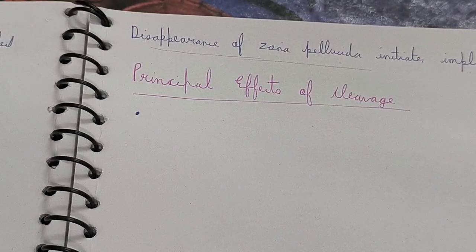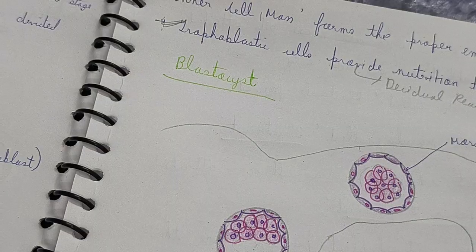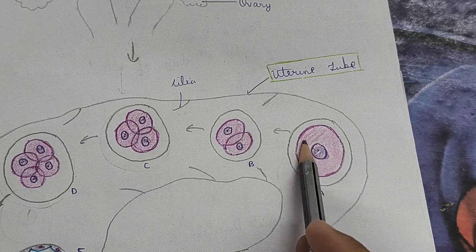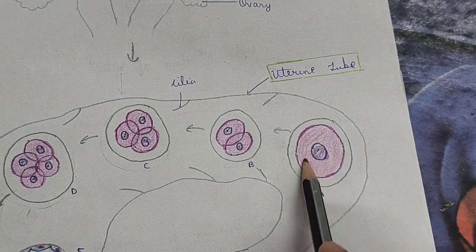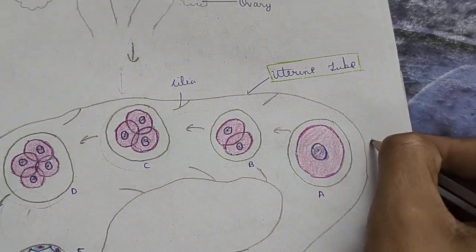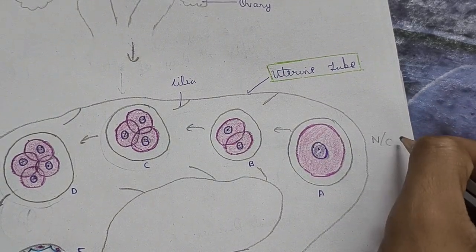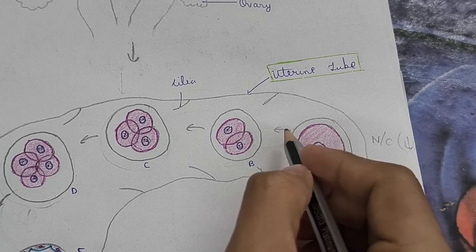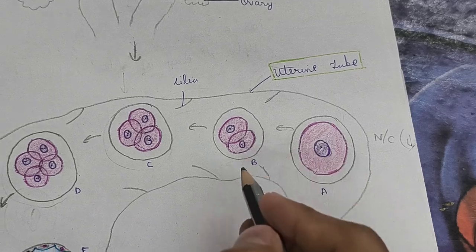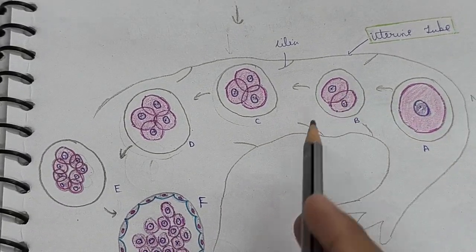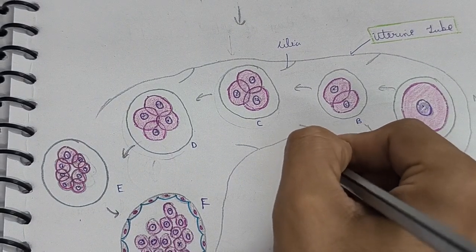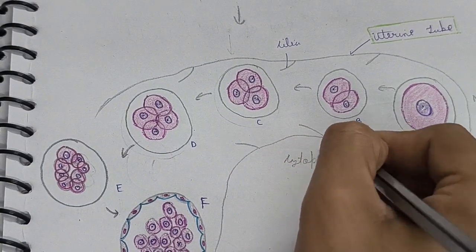Now I'm going to discuss the principal effects of cleavage. Friends, you can see here that in the zygote, the size of the cytoplasm is very large with respect to the nucleus, so the nucleocytoplasmic ratio is very low. As cleavage occurs and the unequal division continues, the cytoplasm size goes on decreasing.